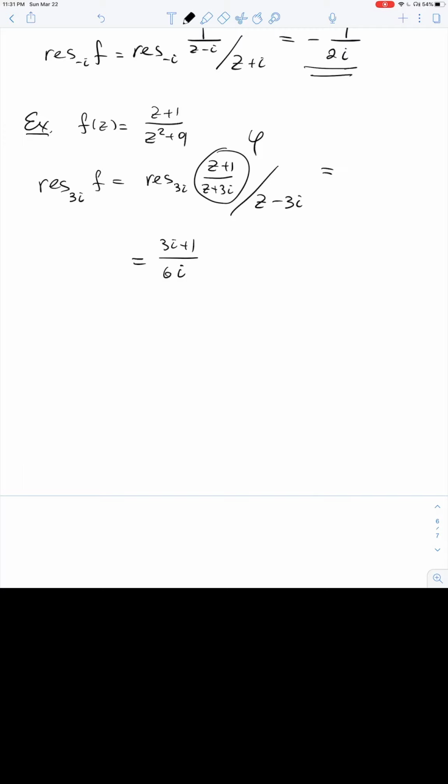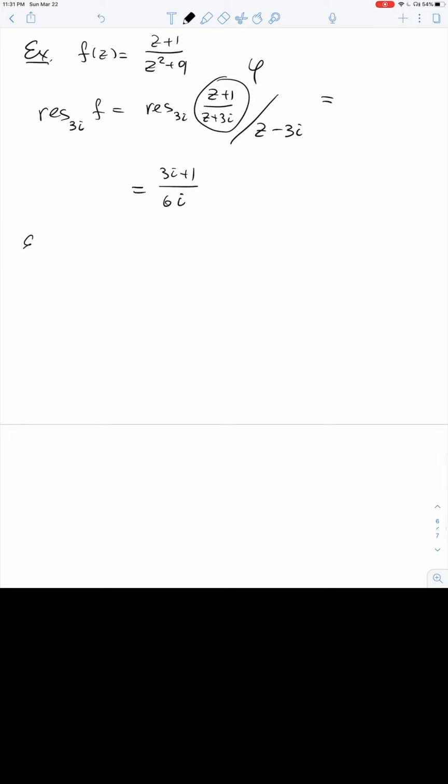Okay, let's do one more example. Let's do, for example, z cubed plus 2z, so that's also from the book. Let me do something funny here. Let's do z squared plus 1 cubed, sorry. Okay, so I'll do residue at i.